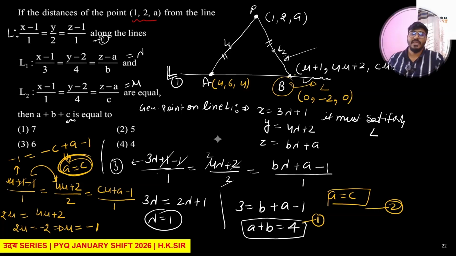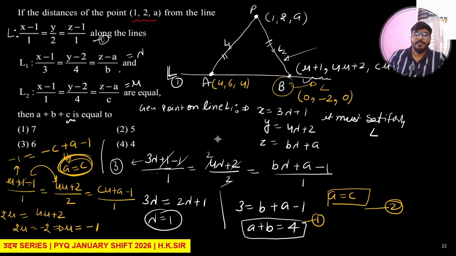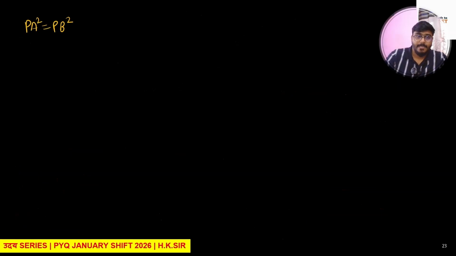Okay, now PA equals PB. So we can say PA square equals PB square. What is PA? PA is this one, 4 minus 1 is 3 square, 6 minus 2 is 4 square, 3 square plus 4 square plus third term.